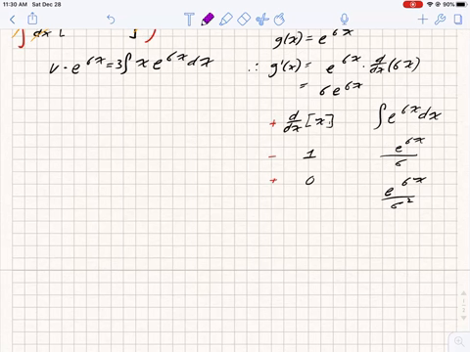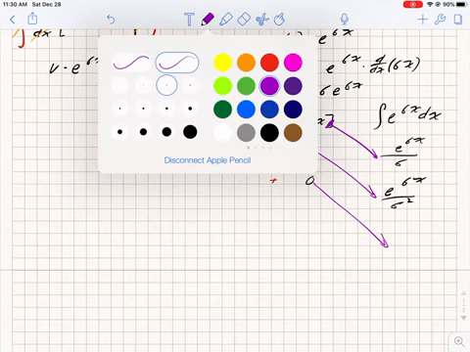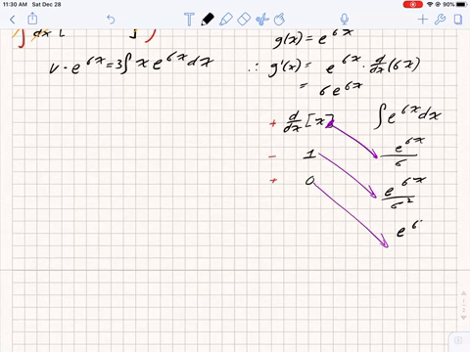So we start with this point up here, we go diagonal. If we do another integral, this will just be equal to 0, so we don't have to worry about that.